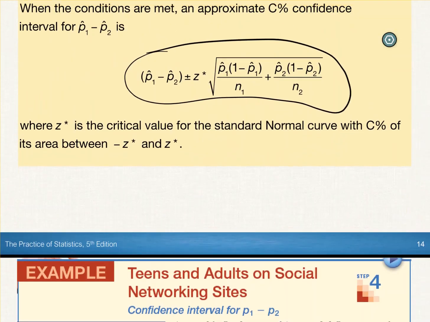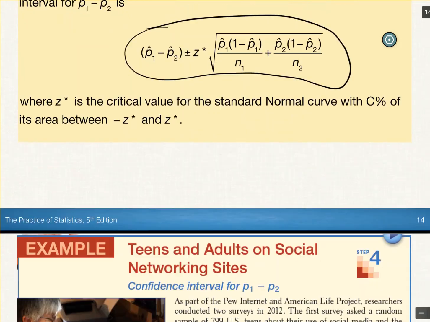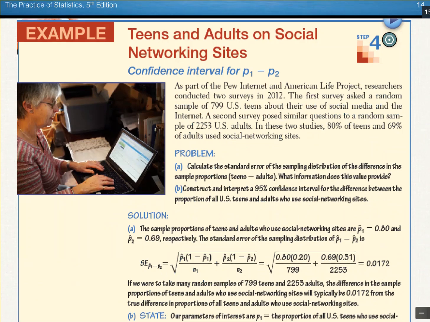And remember z star, that same critical value, depends on what confidence interval we're going to do. Like, a 95% confidence interval was z star of 1.96, because if we look it up in our table, that's what we find. So let's just do an example. As part of the project, researchers conducted two surveys. The first survey asked a random sample of 799 U.S. teens about their use of social media and the internet.